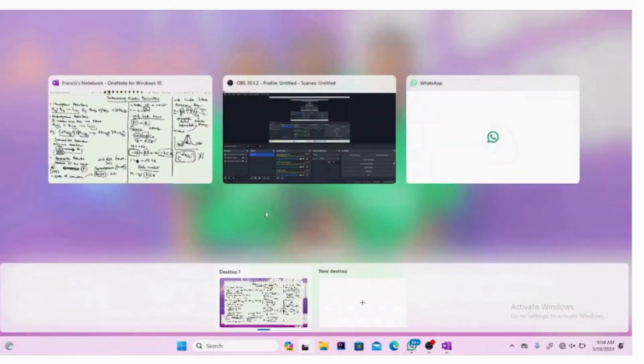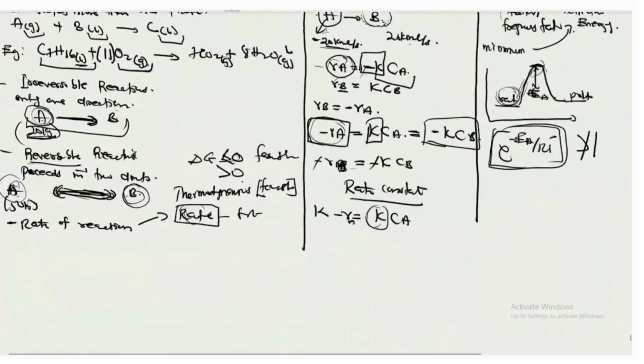Now that we know the Arrhenius equation, K being equal to A exponential negative EA over RT, we can perform a series of experiments. We can determine the activation energy based on experiment values.